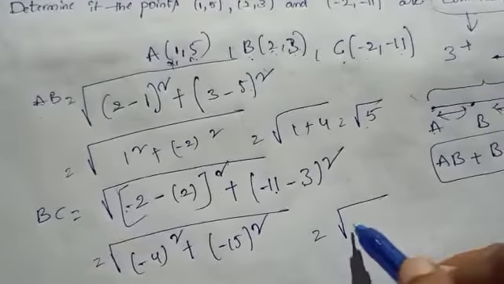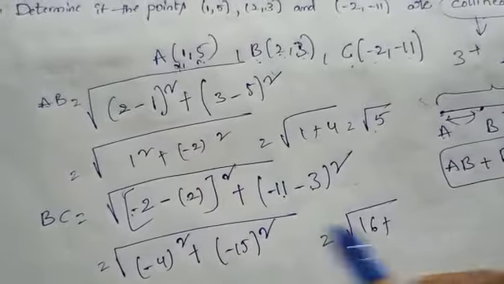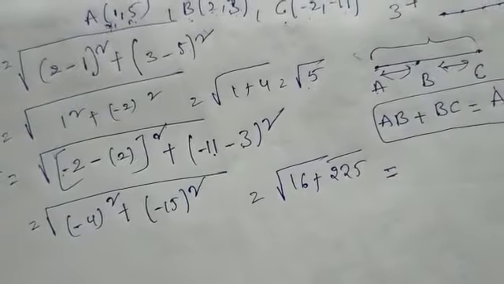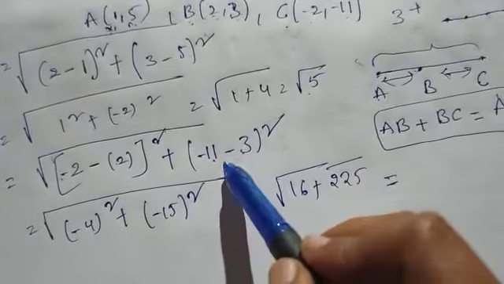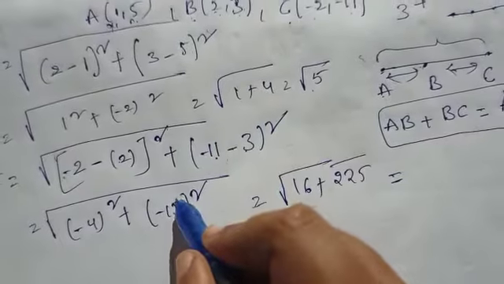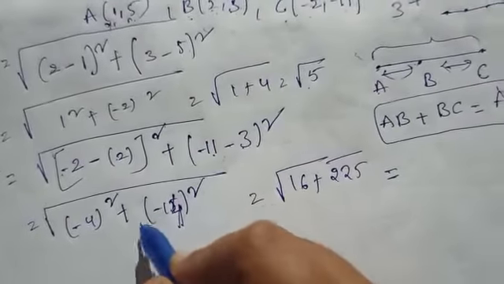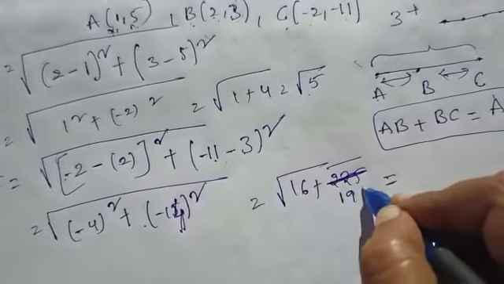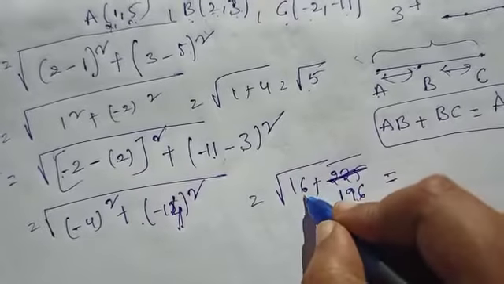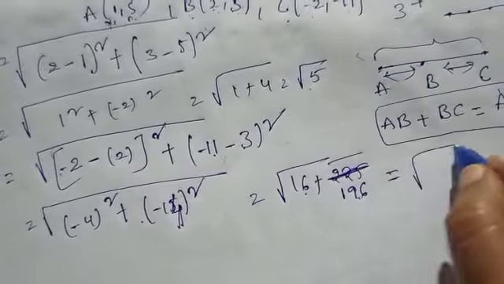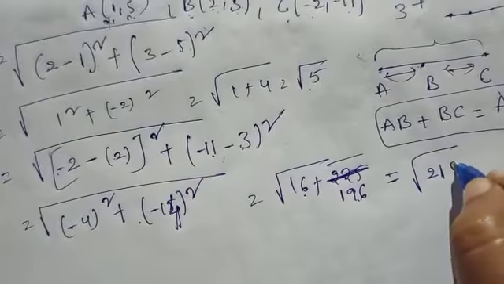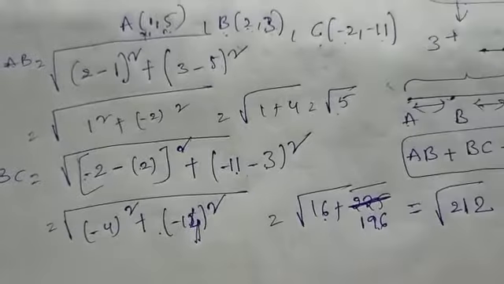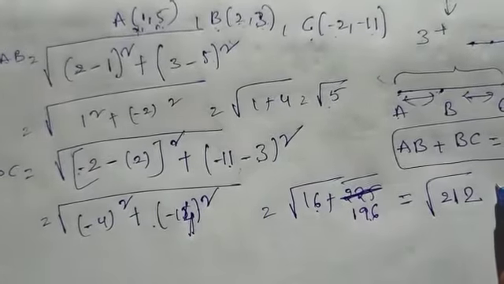Minus 4 whole square is 16. Minus 14 whole square is 196. 196 plus 16 is equal to 212. Here BC equals root of 212 units.